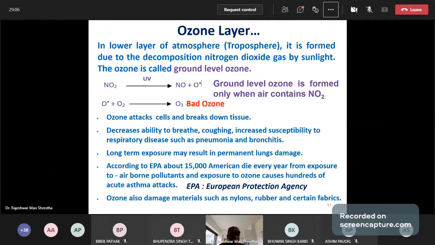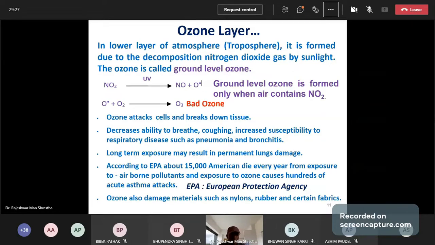The ozone layer is not required at the lower level, but only useful at the higher level. But ozone also forms at the lower level by the reaction of nitrogen dioxide, and nitrogen dioxide is released into the atmosphere by human activities and natural activities.